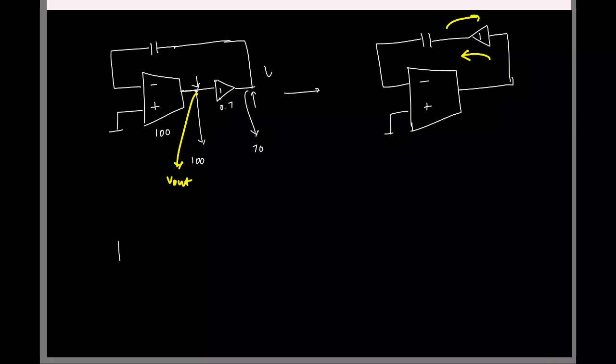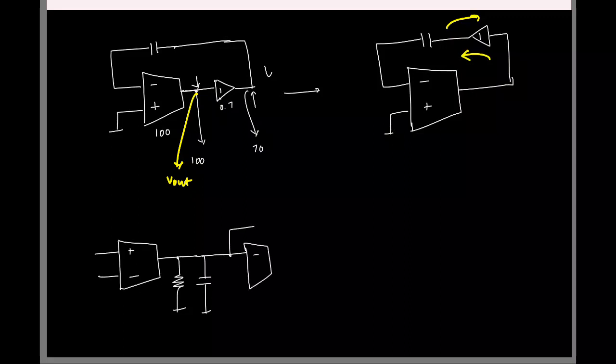So now we can make the two-stage OTA with this. Let me quickly draw that. For the second stage, I am going to put a buffer in the feedback. That's it. No other change.